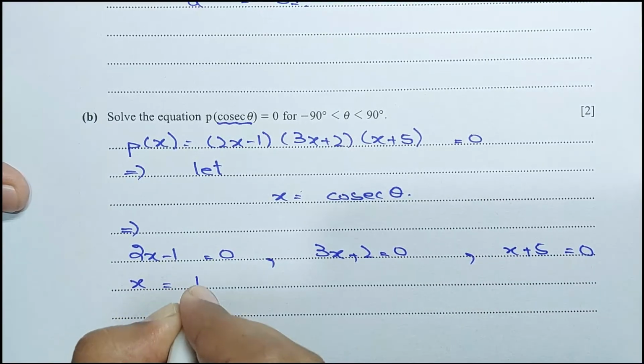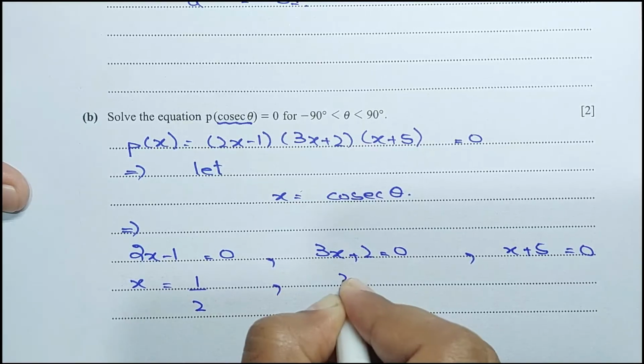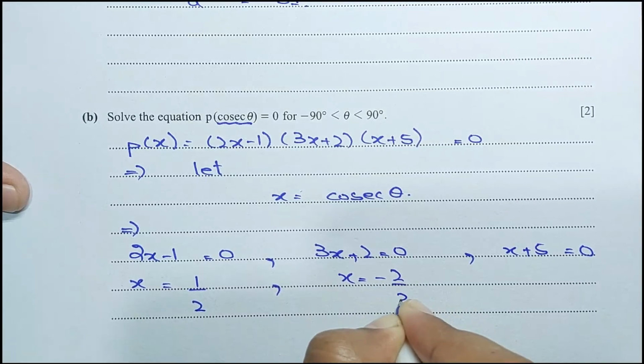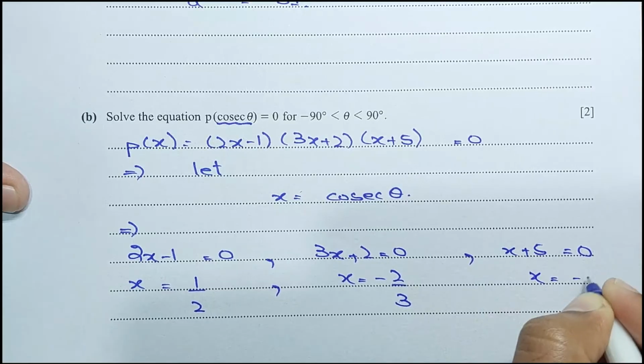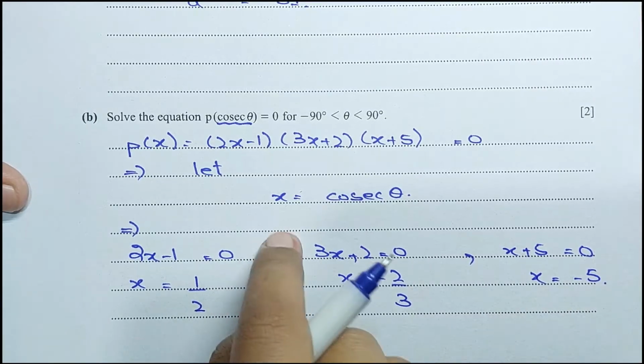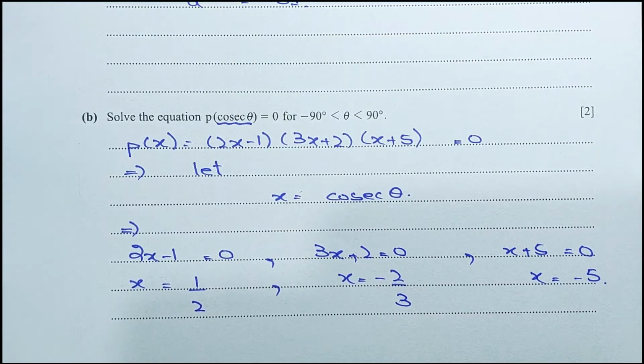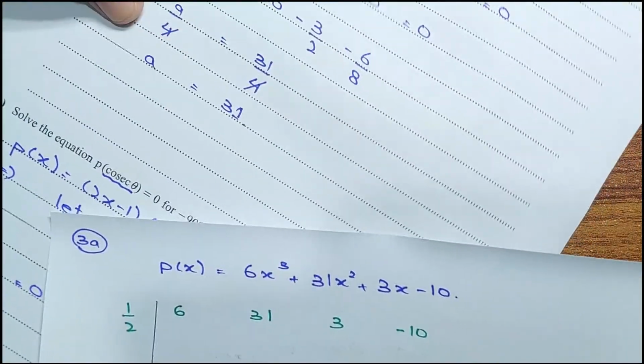So x is 1 by 2 from here, x is minus 2 by 3 from here, and x is negative 5 from here. Let's put it back. X is cosecant of theta, right? Let me solve this over here. X would be cosecant of theta, and we have the 3 factors.